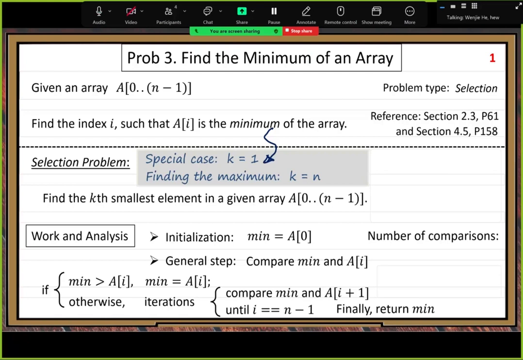One answer: n comparisons. Any other answers? N minus 1. Yes, N minus 1. There is one difference here. How do we get the correct answer?